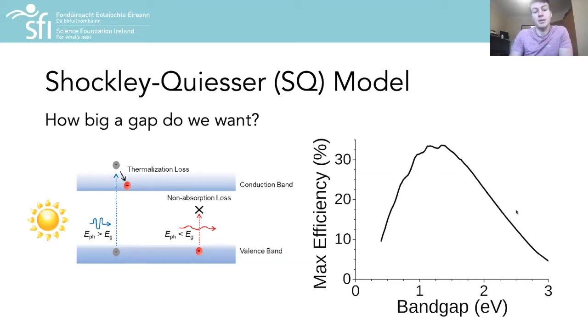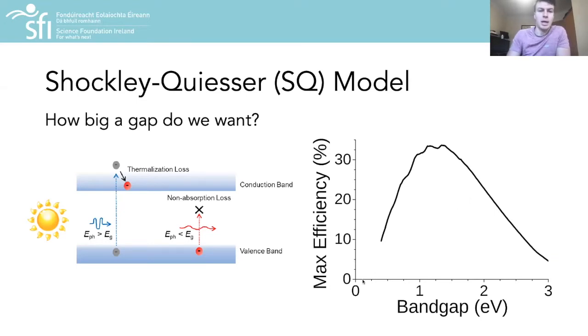And then likewise, if we had a very high band gap energy, we would miss a lot of the photons, so we get much lower absorption, but the actual energy that we can extract per absorbed photon is much higher, because our energy gap is much higher, and we get a larger amount of energy per absorbed photon.